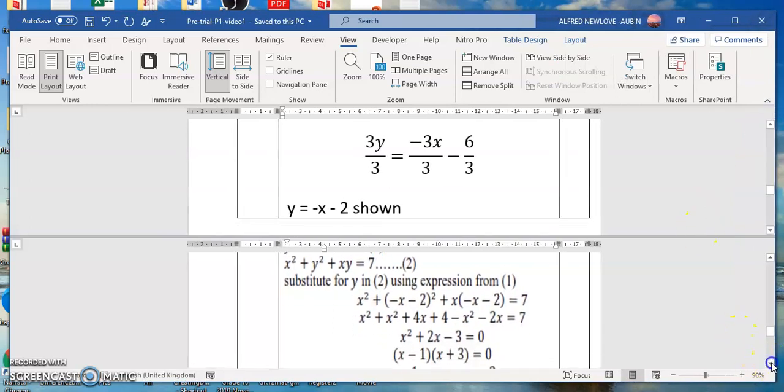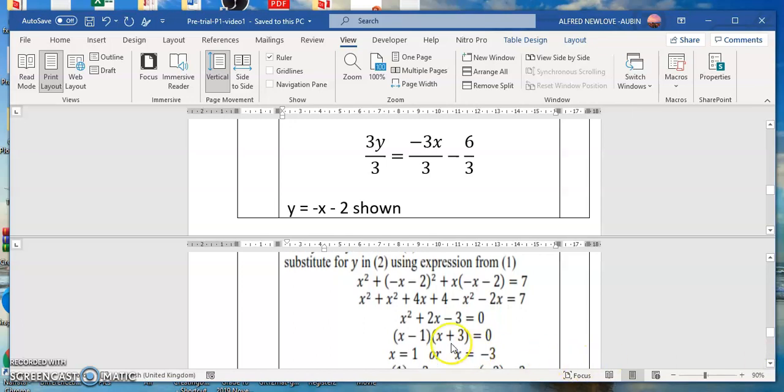Let's continue. If we simplify this one, this and this are like terms. So x squared plus x squared minus x squared is going to give us 2x squared minus x squared, which is x squared. Then this and this are also like terms, so 4x minus 2x is going to give us 2x.